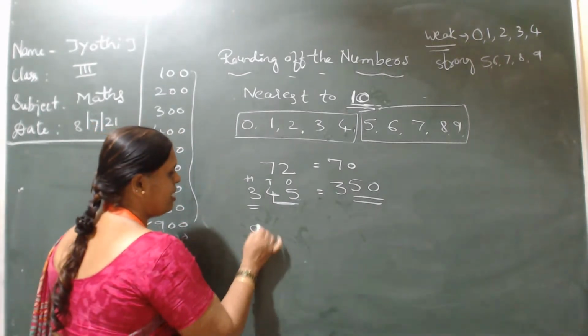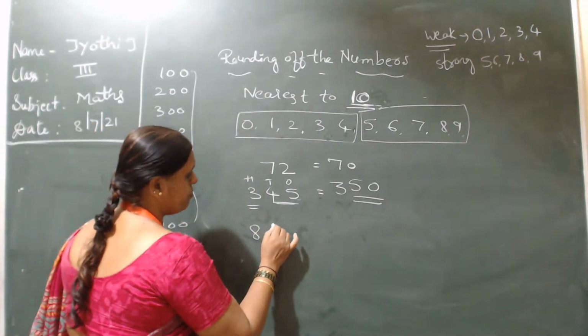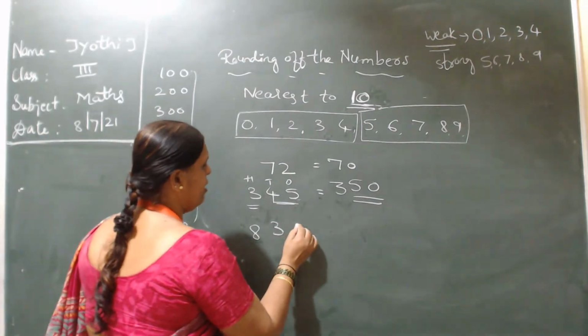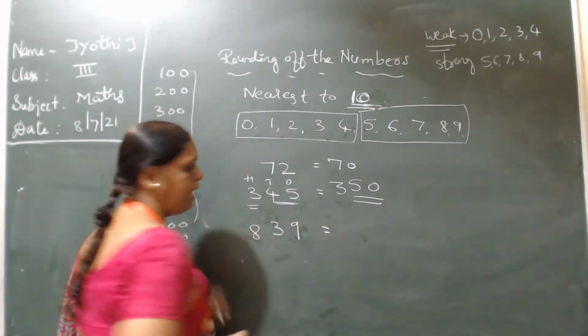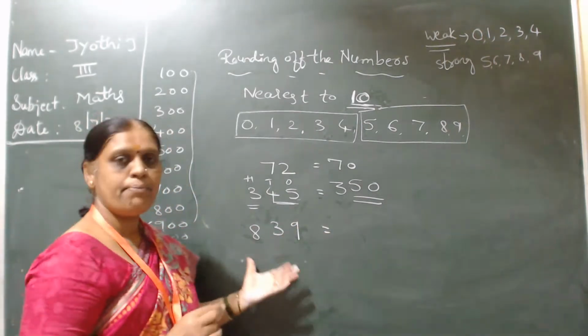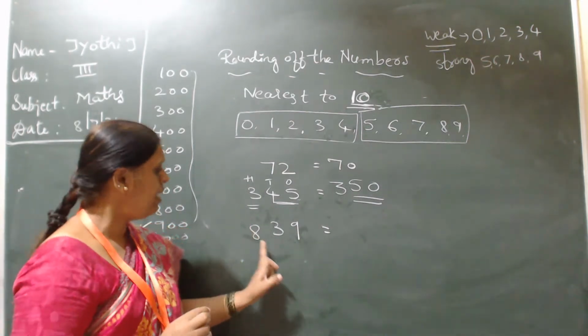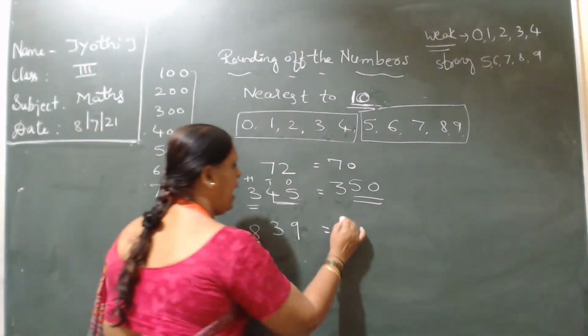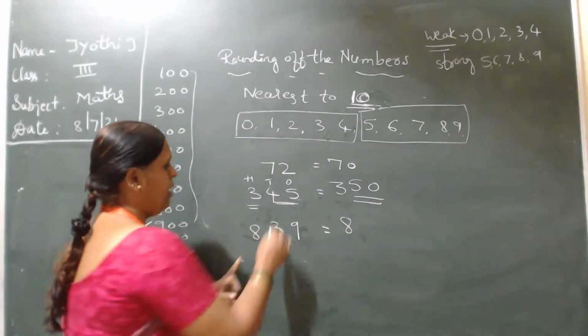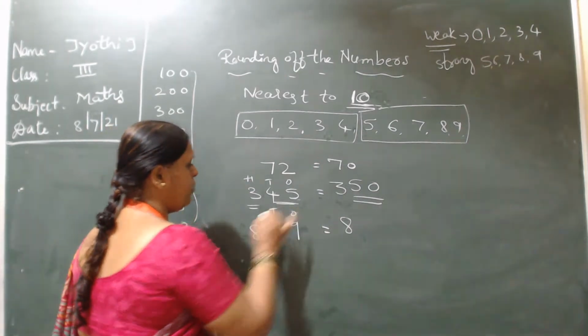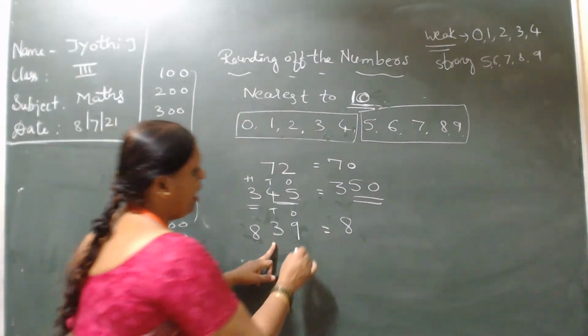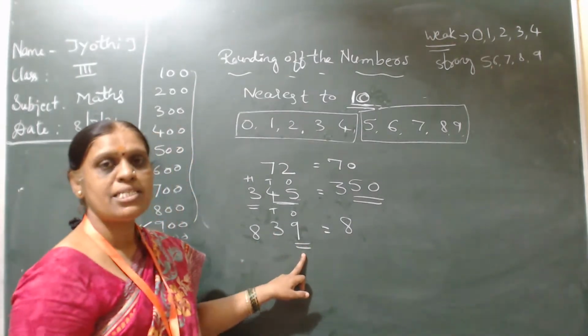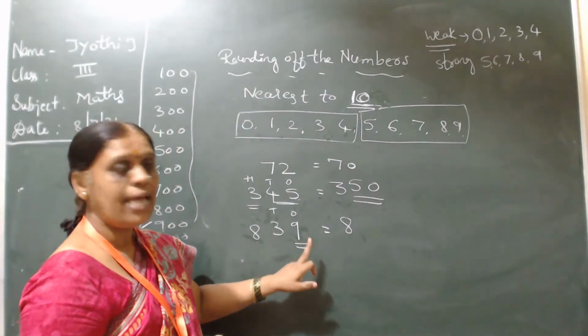Suppose the number is 839. When it is a 3-digit number, see this number, keep it as it is, 8 only. Then when we are rounding to the tens, we have to see the number in the ones place. The ones place is 9.